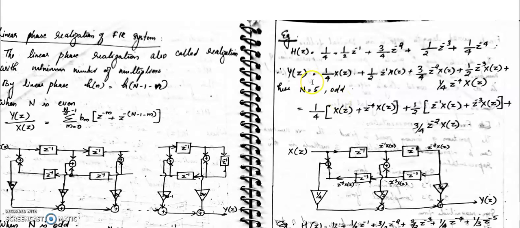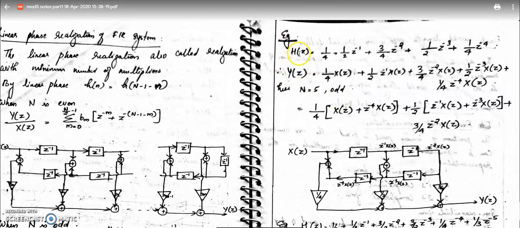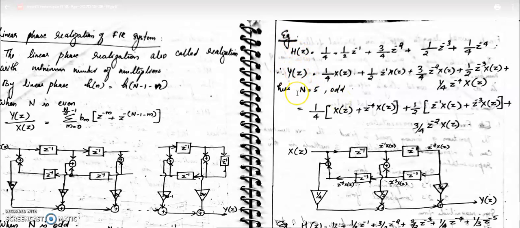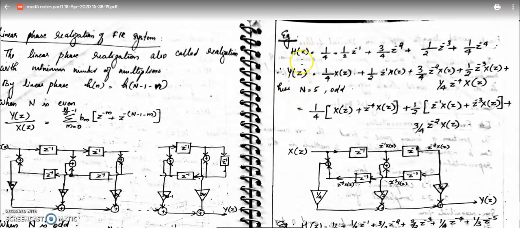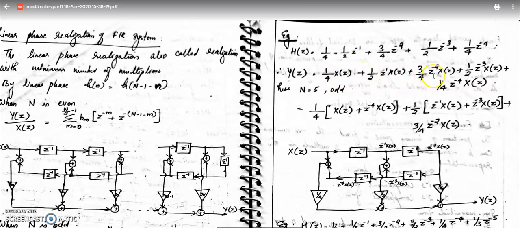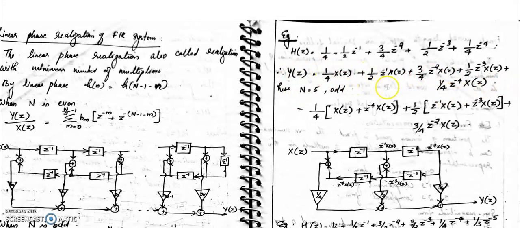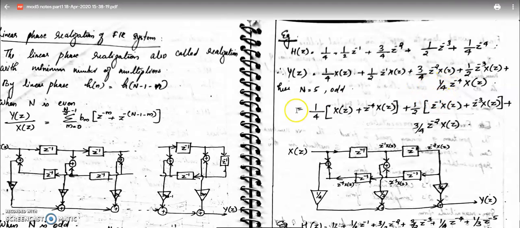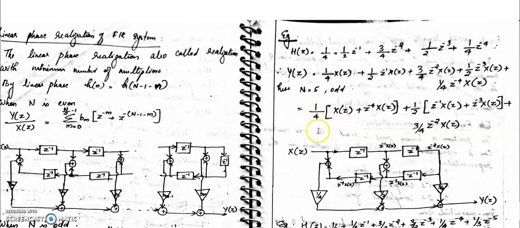And next, what we have to do is, what is h of z? Y of z by x of z. You have to write like that and cross multiply with x of z, multiplying all these terms with x of z. We'll get the equation like this. Then you have to take the common coefficients separately.